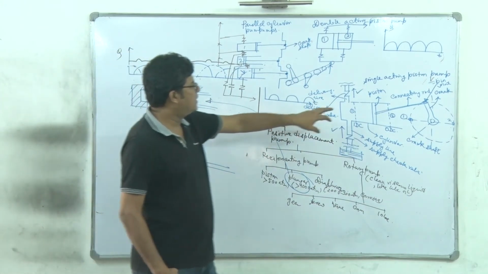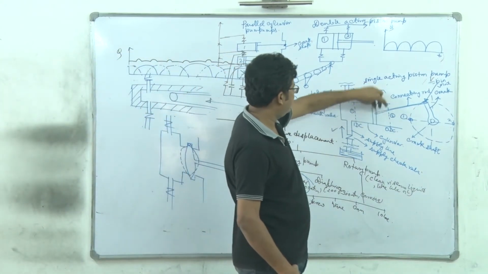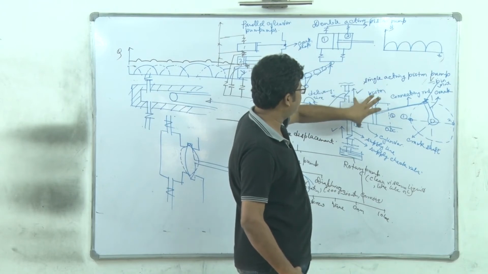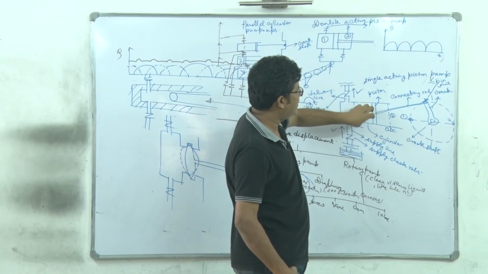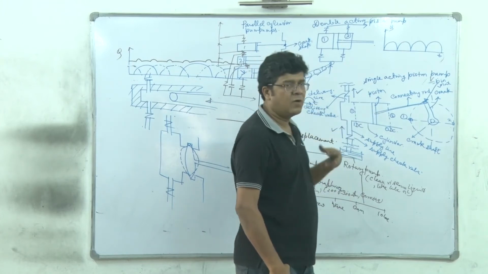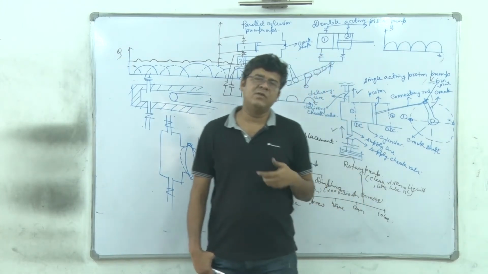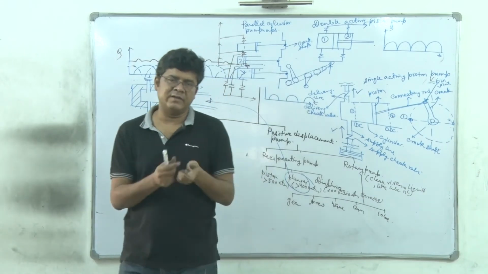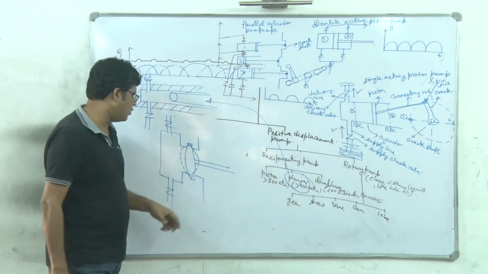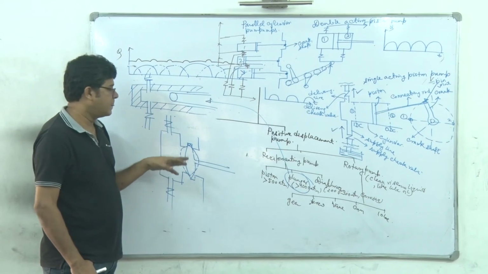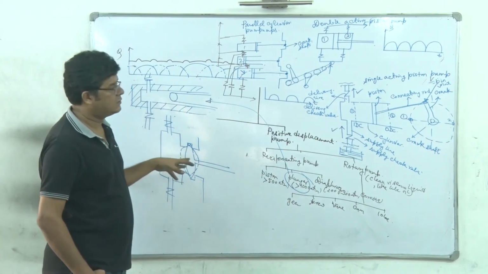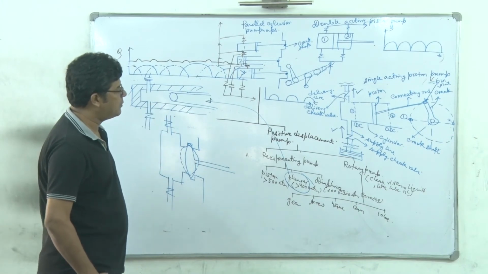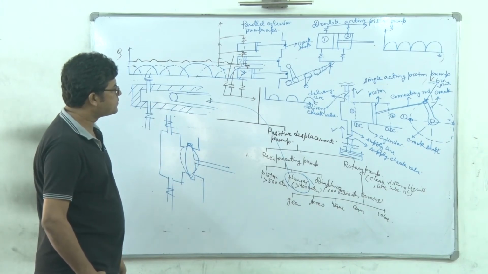Otherwise, in the piston pump, the piston, which is the costly part of the pump, gets direct contact with the corrosive liquid. So over a regular short interval, you have to keep changing the piston and the respective accessories, which you don't have to do here, because the diaphragm material is corrosion resistant. So diaphragm pumps are used for pumping corrosive fluids.